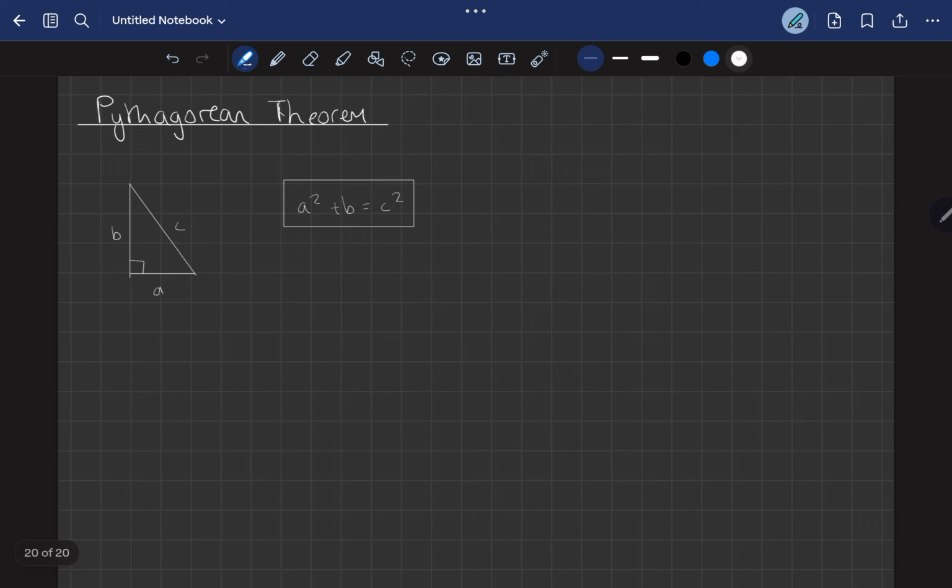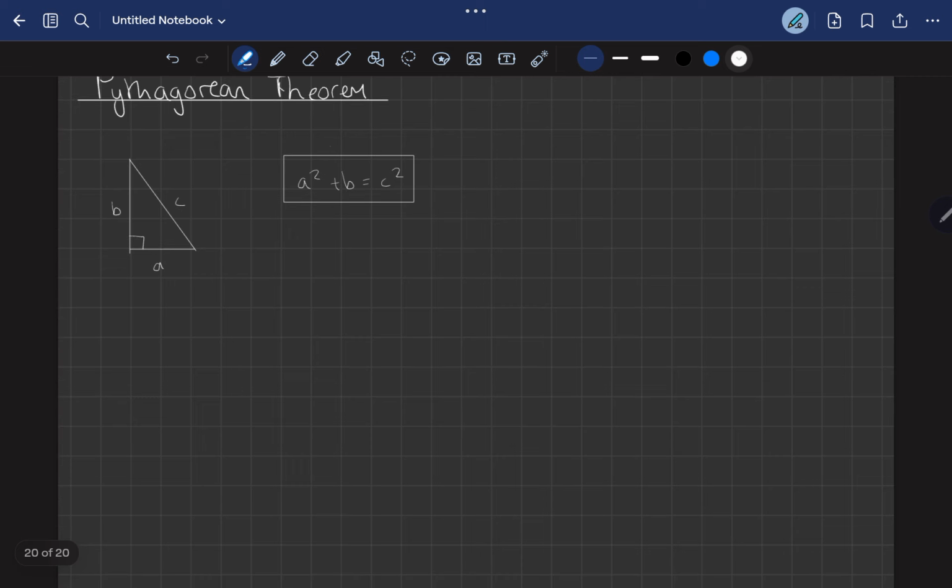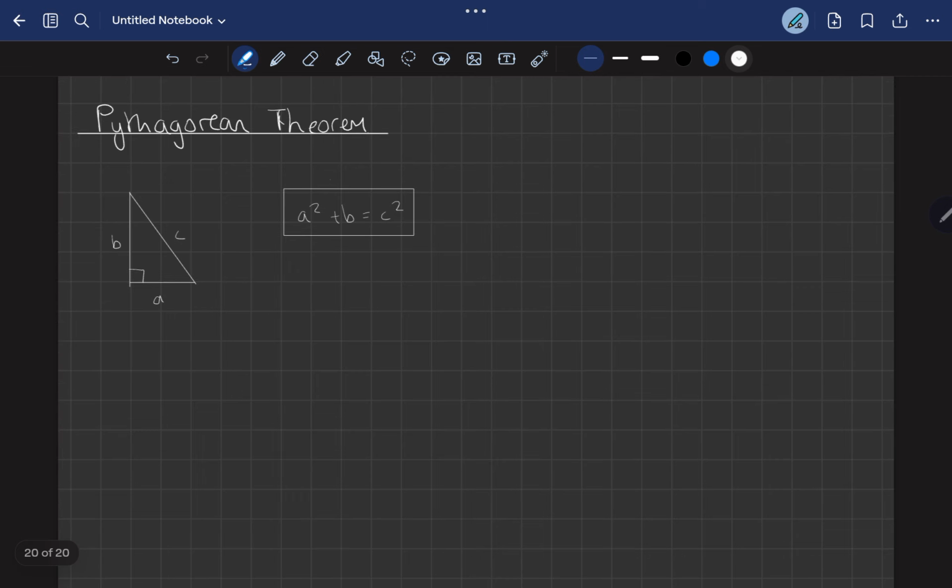Okay? But let me show you a quick way of proving this theorem. Say we have, sorry, that has to be squared. Say we have these 4 right angle triangles. I'm going to rotate them.